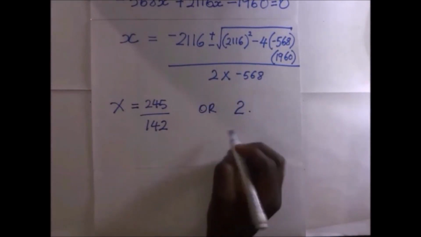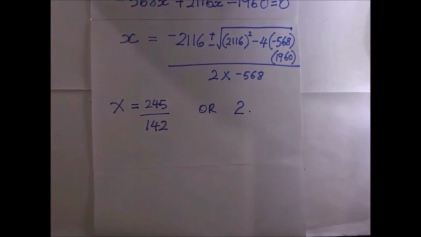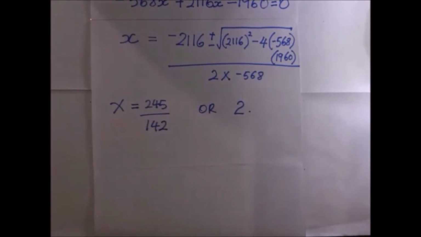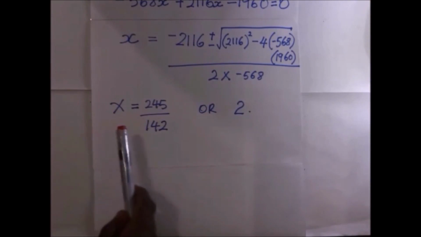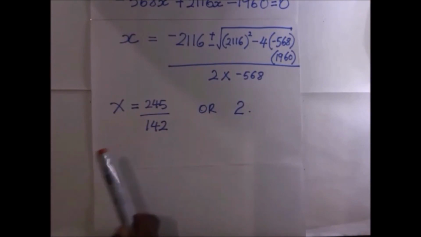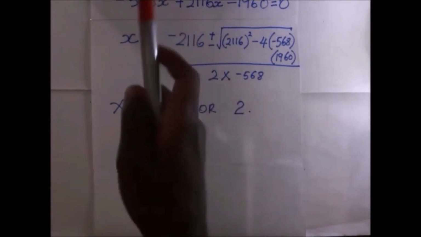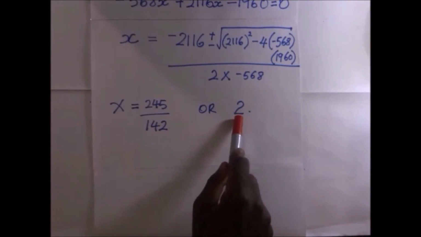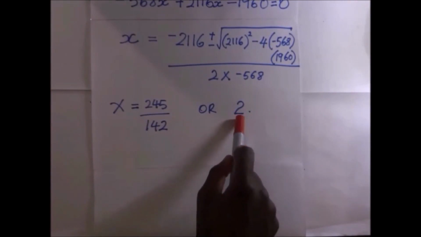So now, after getting our values of x, it's either this or that, so we test for our values of x. When we put 2 in our expression to see whether it is correct, we find that on the left hand side it's going to give us 1, on the right hand side it's going to give us 3.